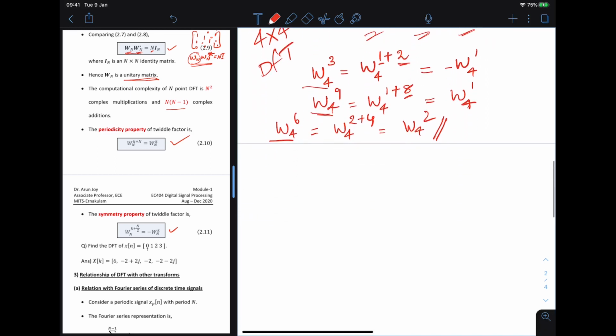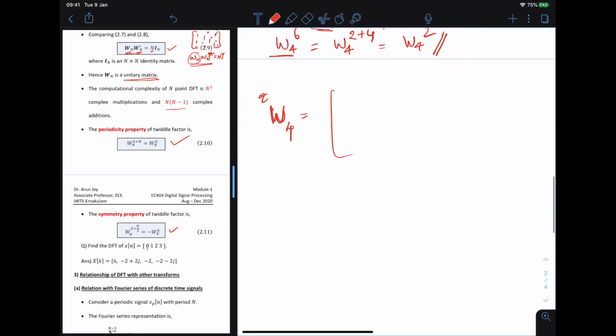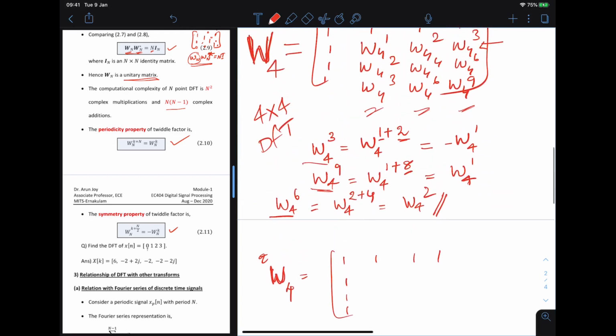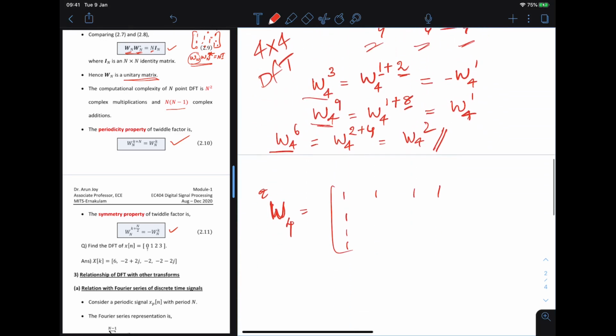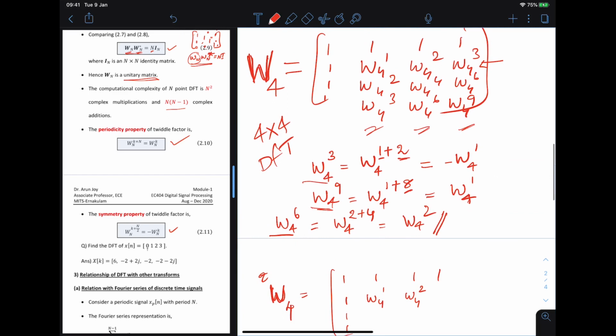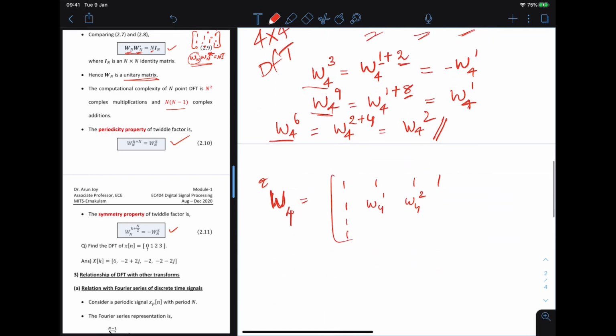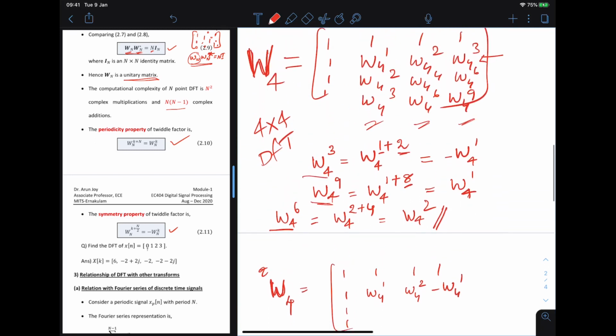So my final DFT matrix will be something like this after modifications. W4 will be 1, 1, 1, 1, 1, W4 raised to 1, W4 square, and W4 cube we got as minus W4 raised to 1.